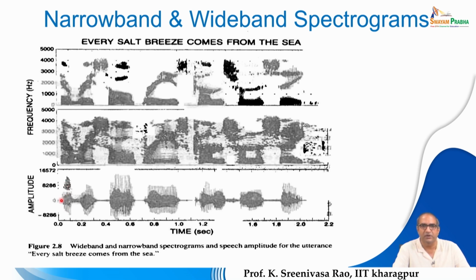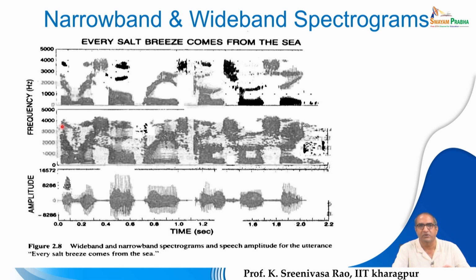For this particular sound unit, you can observe that the spectral components vary from 0 to 4 kilohertz, and you can see the darkness of the spectrogram: at certain portions the regions are darker, and at certain portions they are gray or white. White means that the frequency components have very low energy.